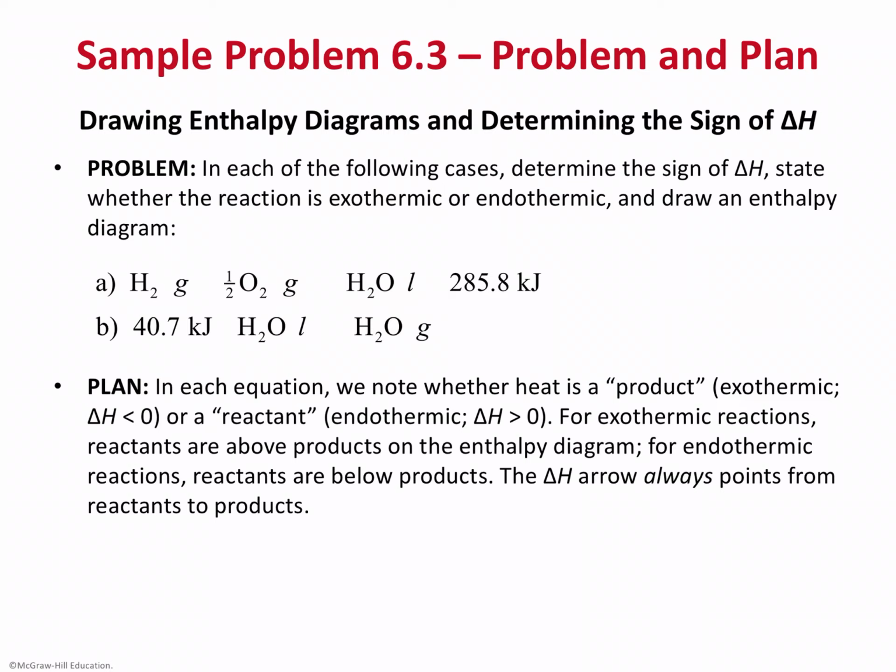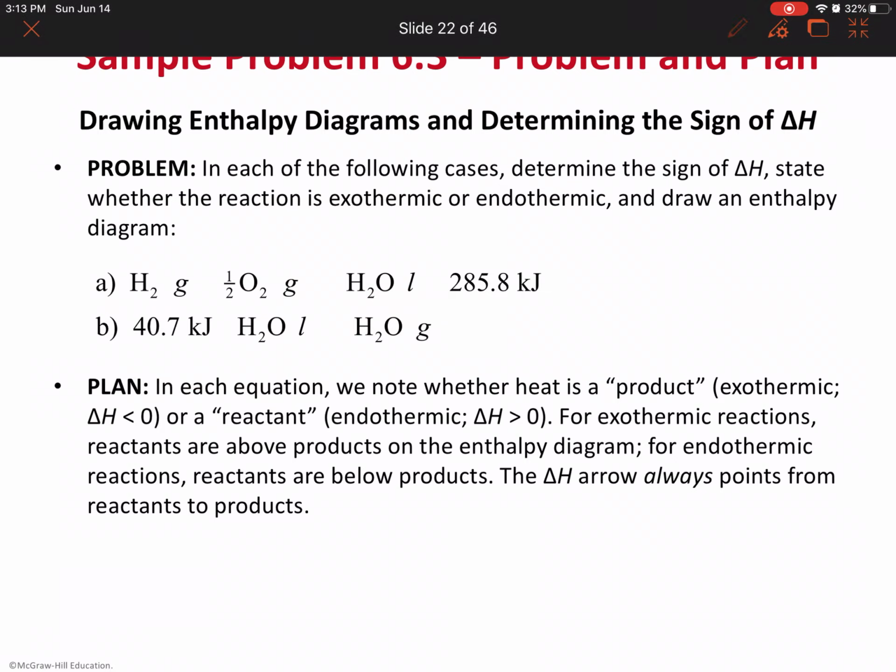In each of the following cases, determine the sign of delta H. State whether the reaction is exothermic or endothermic, and draw an enthalpy diagram. Okay. So what's given here?